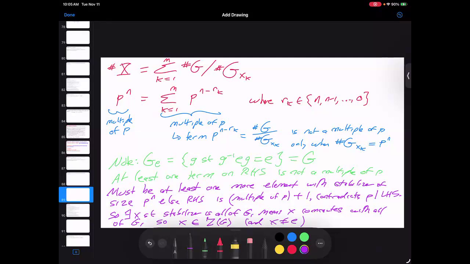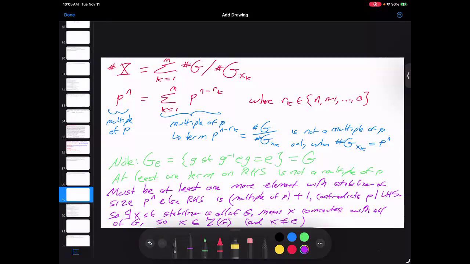So a really good question is, what if I gave you a group, let's say, of size 2 times 3 squared? Must that have a center that's more than just the identity? Or is there something special when I have just the prime p and no other prime factors of the size of the group? You can see that we are crucially using some divisibility properties.